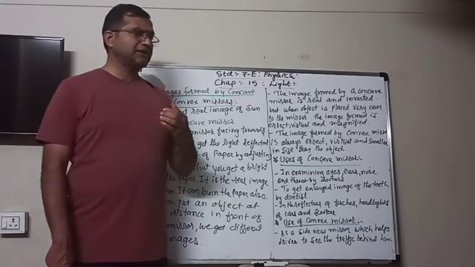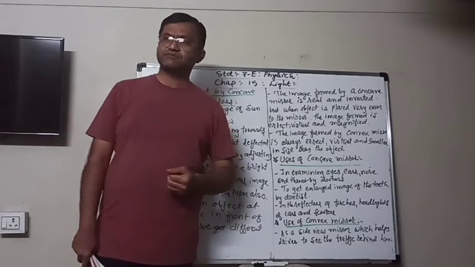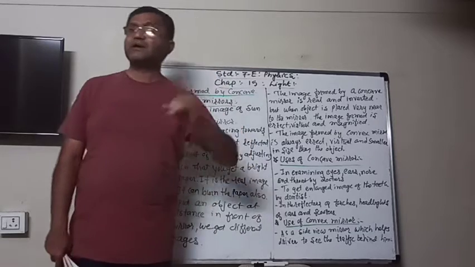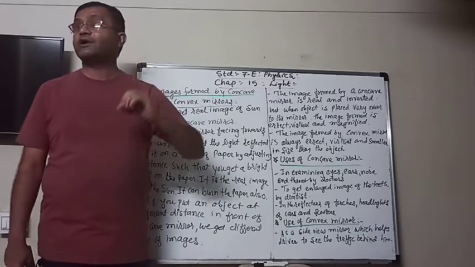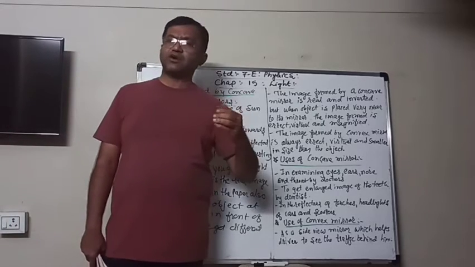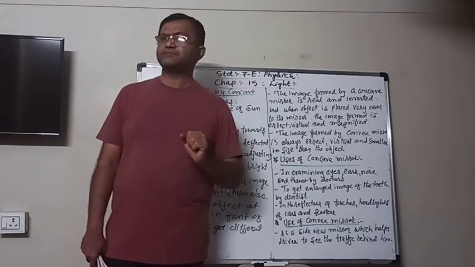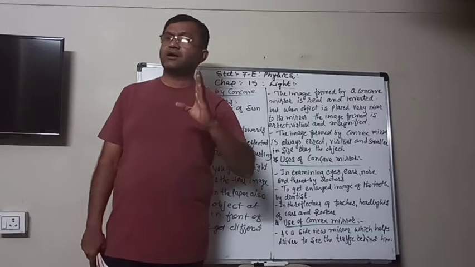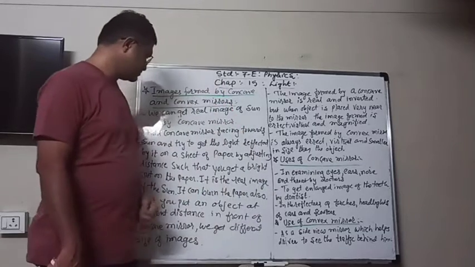It means that at different places you will always get real images from the concave mirror, and when you place that object very near, you will get the erect and virtual image.